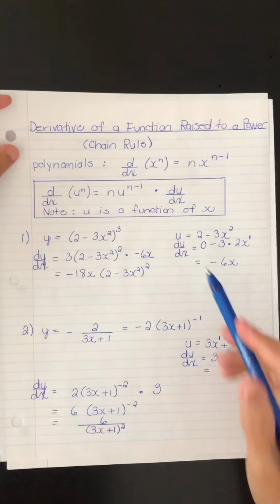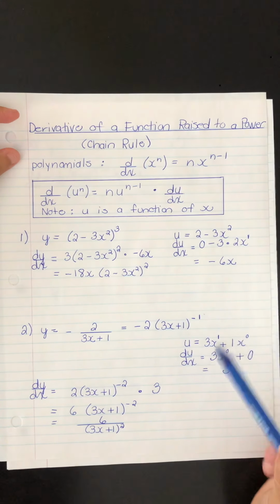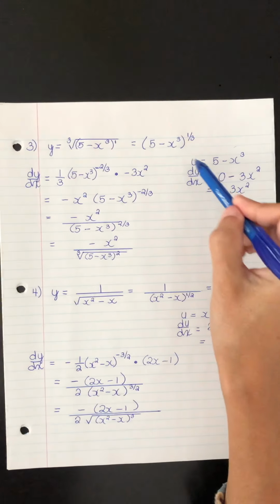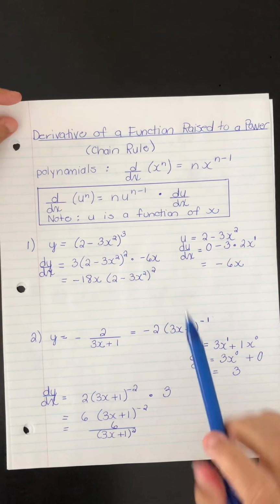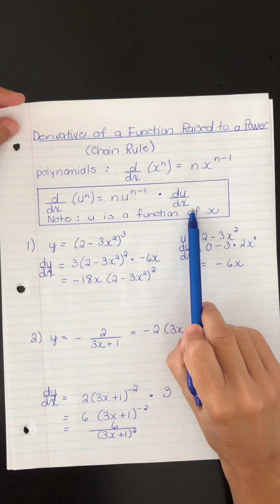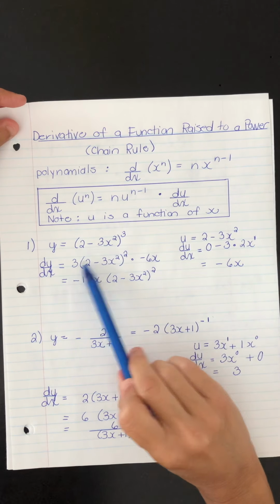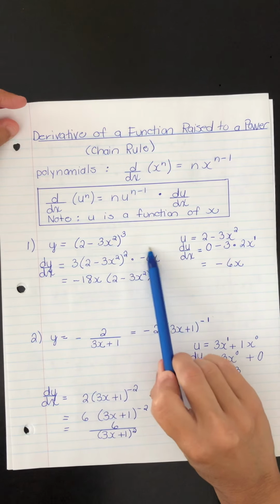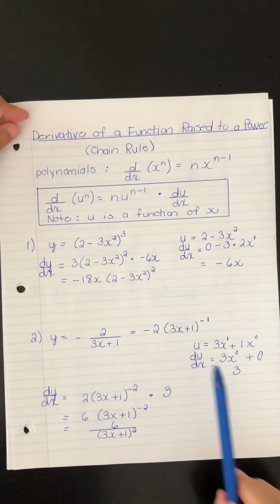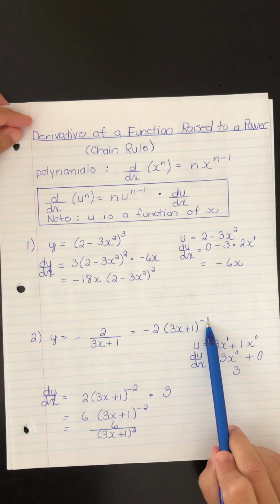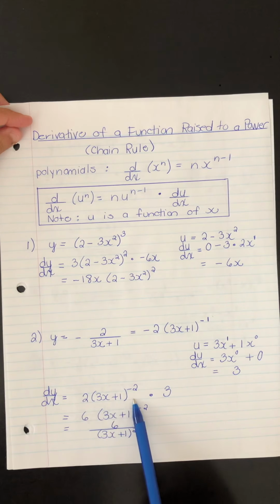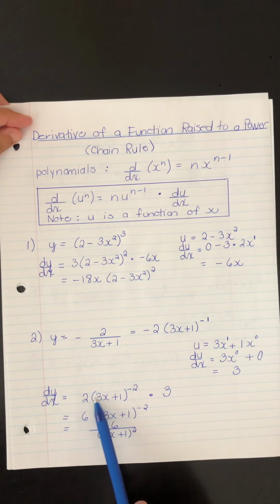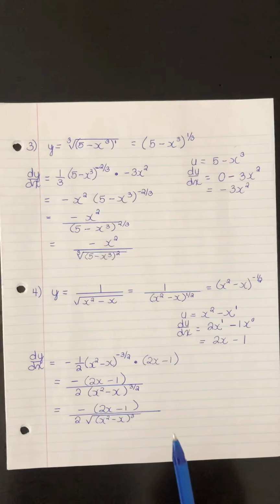So each of these questions, if you don't want to show this off to the side, it's okay. This business here, each of these questions requires you to do this full formula. So first, the exponent business, keeping u the same, then the derivative of u. Right? So here's the other one. First, the exponent business, then multiply by the derivative of the inside of the bracket.